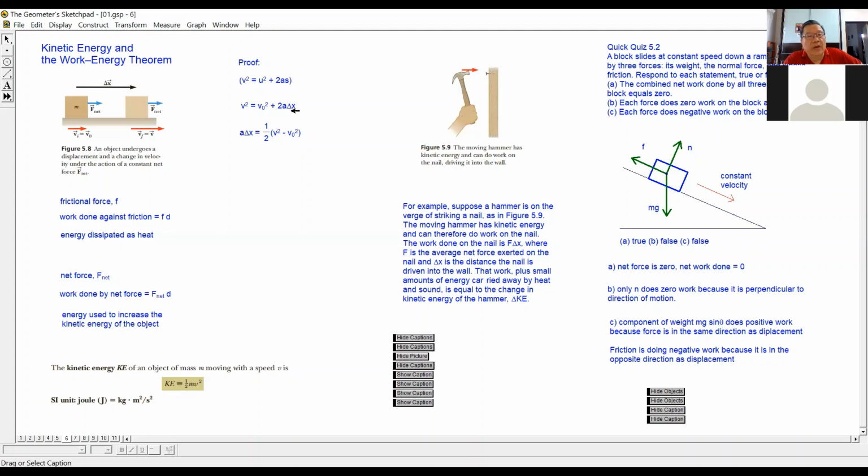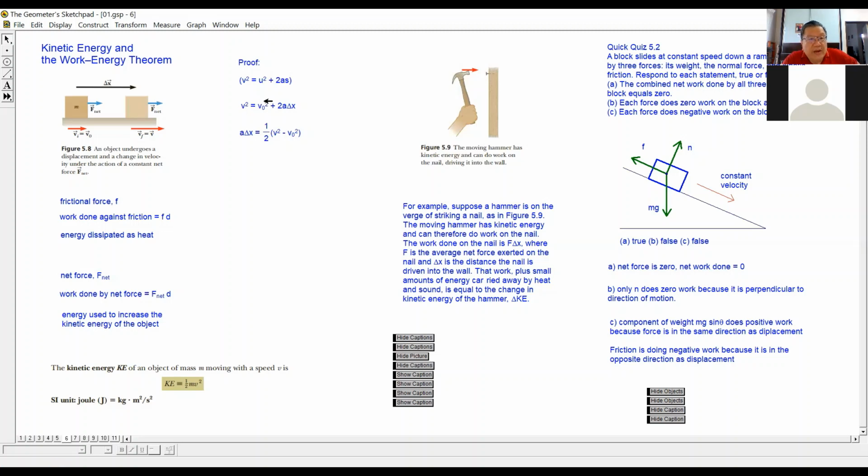In the book, they use delta x for displacement instead of s.